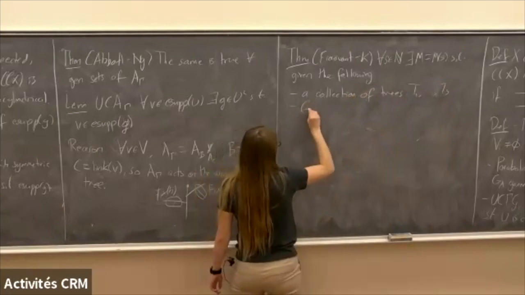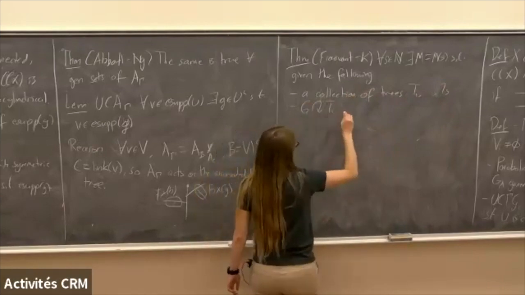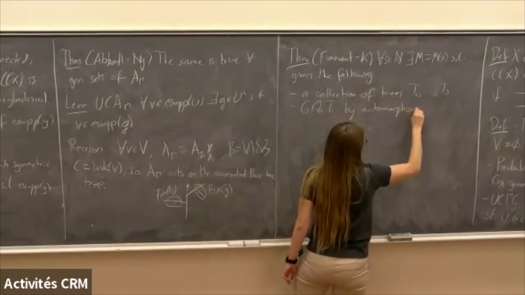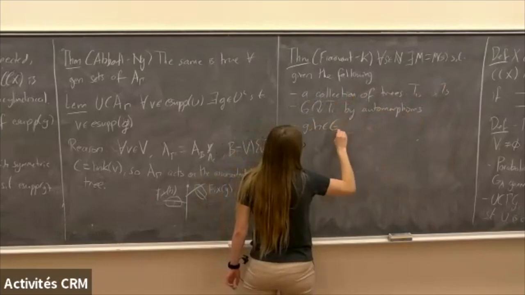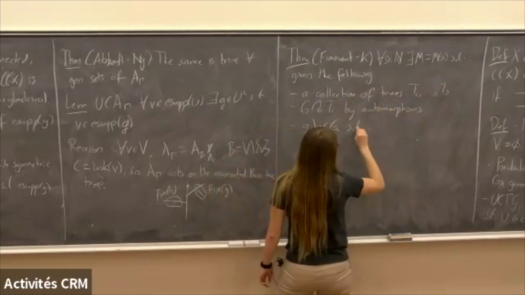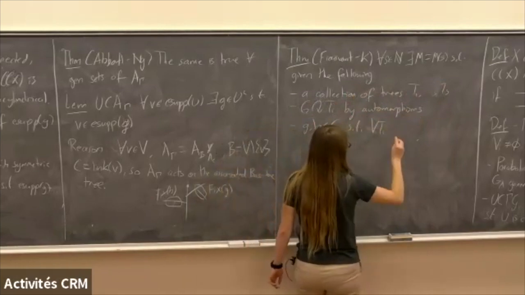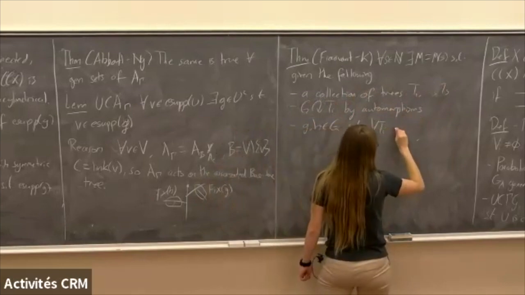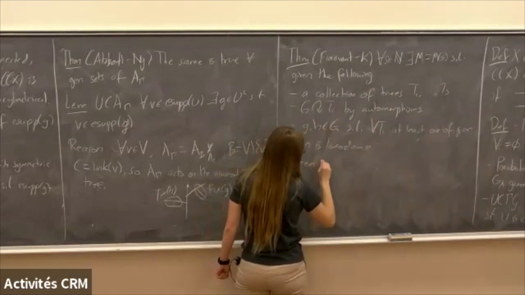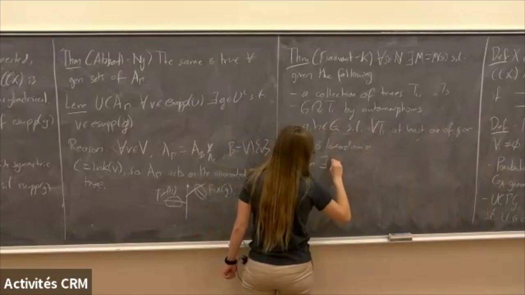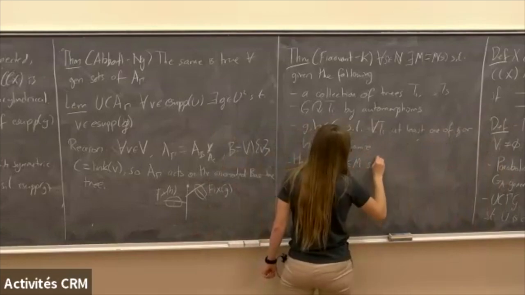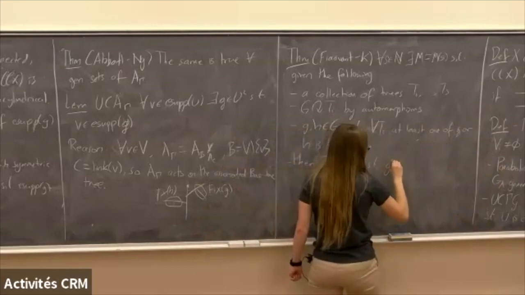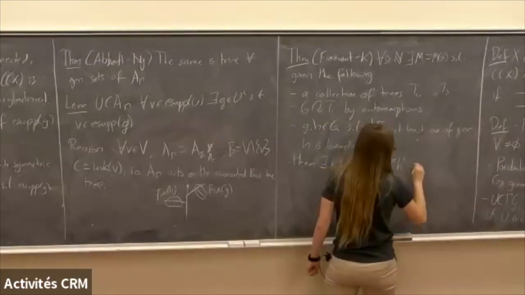Secondly, that we have a group acting on each of these trees by automorphisms. And thirdly, that we have two elements in our group, such that for each of the trees, at least one of these is loxodromic. And what we get is that there's some bounded power of each of these, such that when we combine them, and this is a positive element, this is loxodromic on all of them.